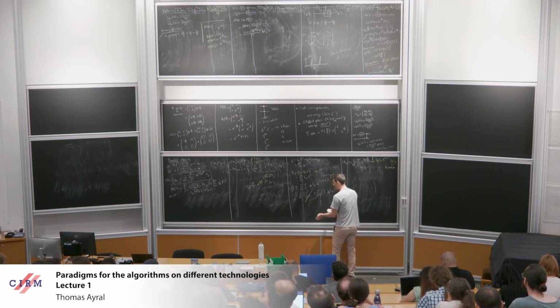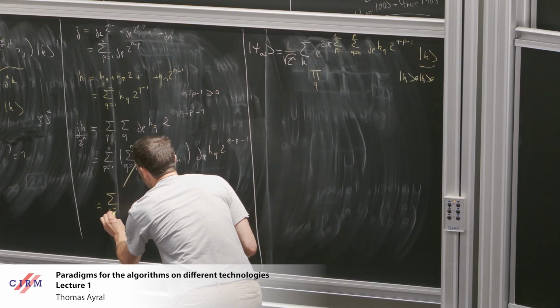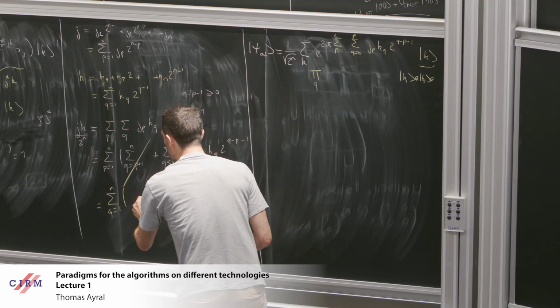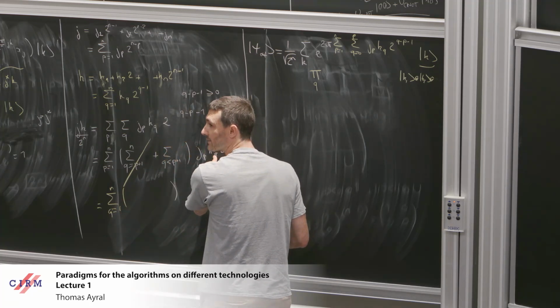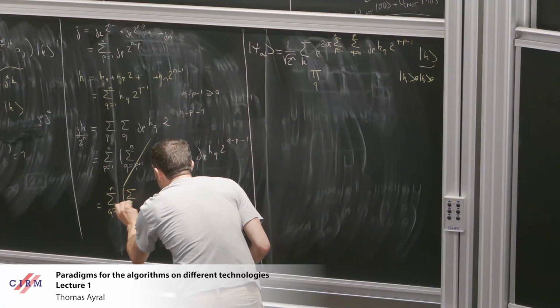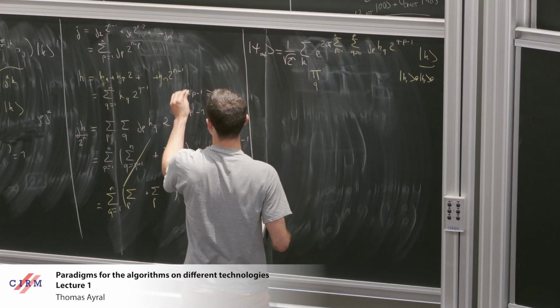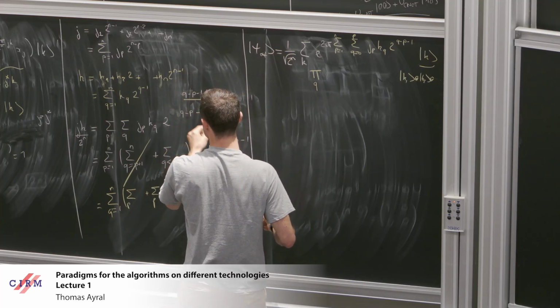So let me not erase this, but write it in a different way. So sum over Q from 1 to n, and now I'm going to split the other sum. Because the Q's, you see, are the bits corresponding to K, so that's why I want to keep this one. So now this is sum over P plus sum over P, and I want to find the condition for being integer.